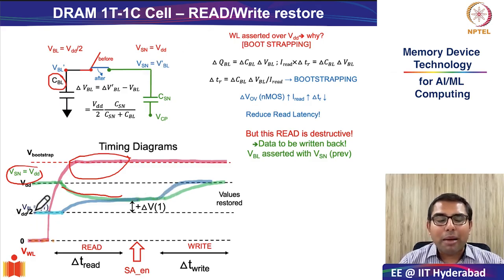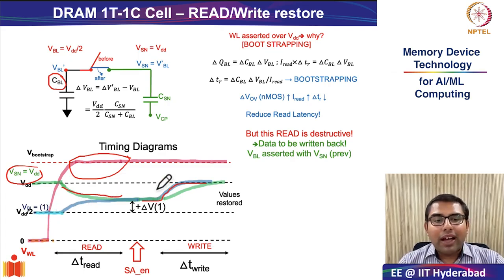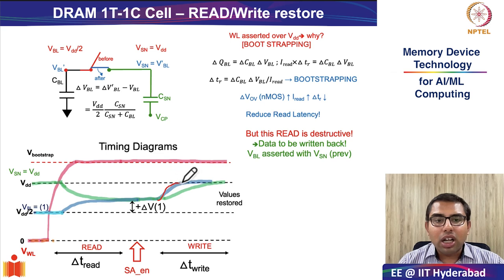So see what happens is after the read is over, the bit line is again charged back. Remember, the bit line was in blue color. And since you charge the bit line and the word line is already asserted, the voltage in the storage node will also start charging up.